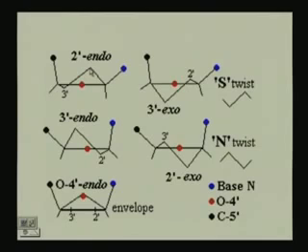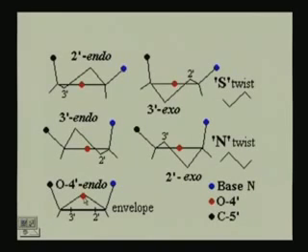When you have the 2 prime pucker up to be cis to the phosphate and the nitrogen, you have a 2 prime endo. If the 3 prime sticks up in the same direction as the base and the phosphate, you have a 3 prime endo. If the oxygen sticks up in the same direction, you have an O 4 prime endo.